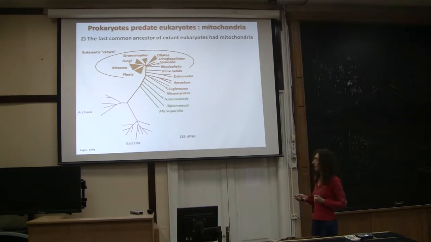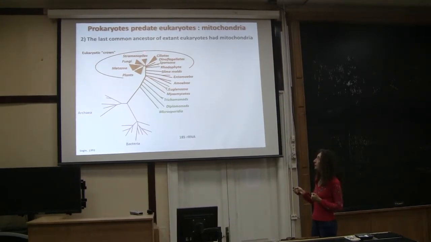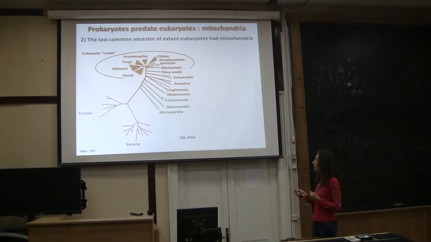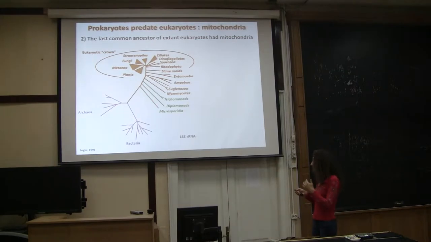We had a picture like this, with the Archaea, the bacteria, and then a very long branch which contained many long branches appearing progressively, and then an apical part that was called the eukaryotic crown, containing the plants, the animals, the fungi, and a series of other protist lineages.